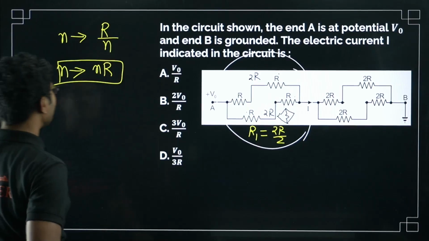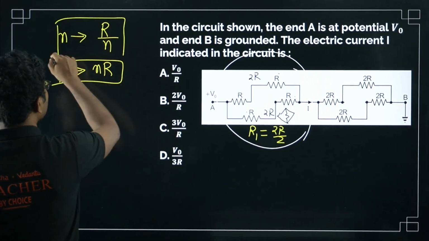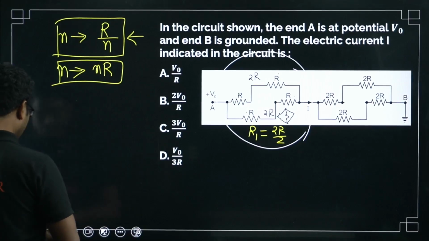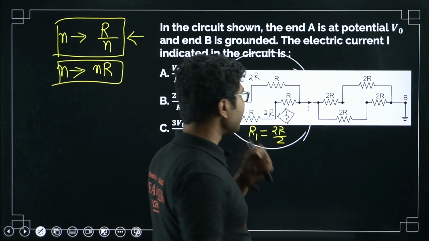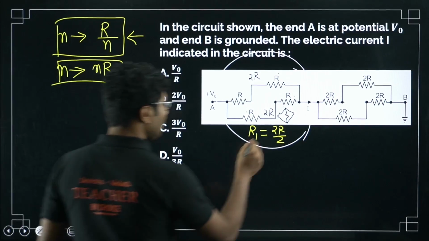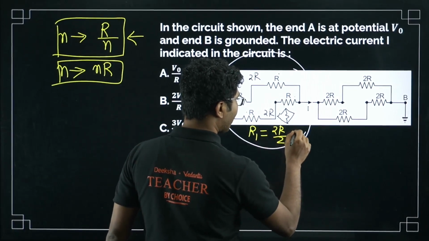This is an easier way to remember, and it occurs mostly in the parallel case, though series is obviously easier. That is why even in the exam they mainly give parallel. So it will be equal to R only.